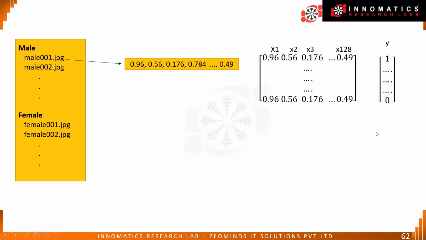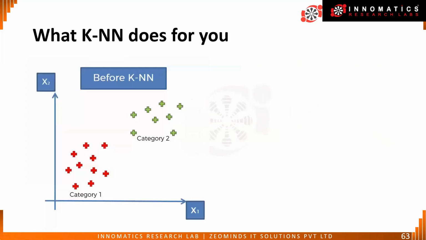For the sake of simplicity, I'll take only X1 and X2, two features, and plot them. This is category 1 and this is category 2. Let's say category 1 is male and category 2 is female.